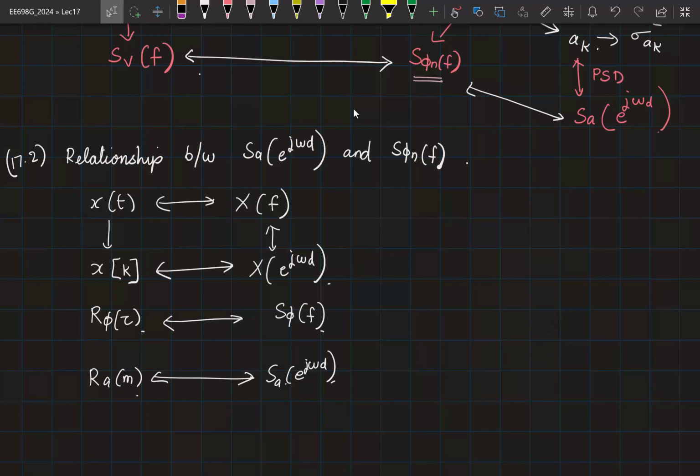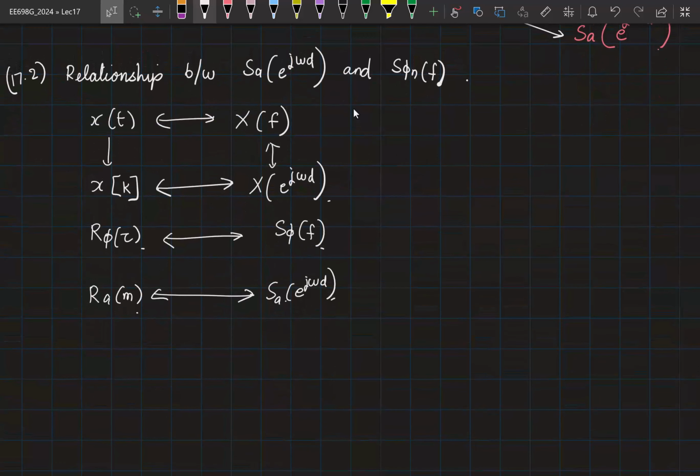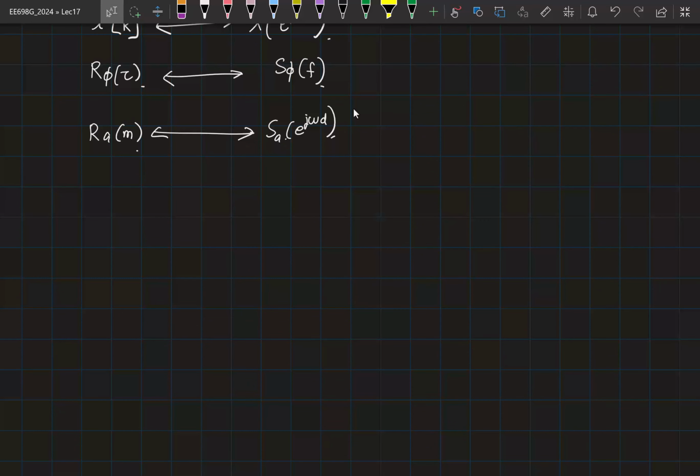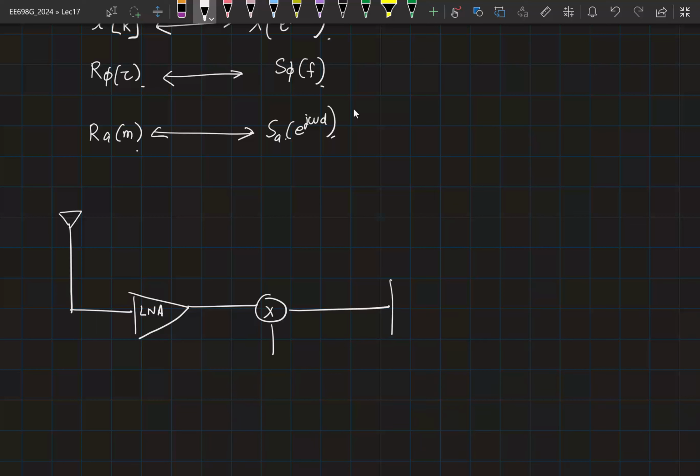Okay, so let me give you an example. The easiest thing you can think of as an example for this is a receiver chain. The same applies for the transmitter chain as well. So the receiver chain has an antenna, then you have a low noise amplifier, and then you'll have a mixer, and then you will have some filtering action, followed by the ADC.